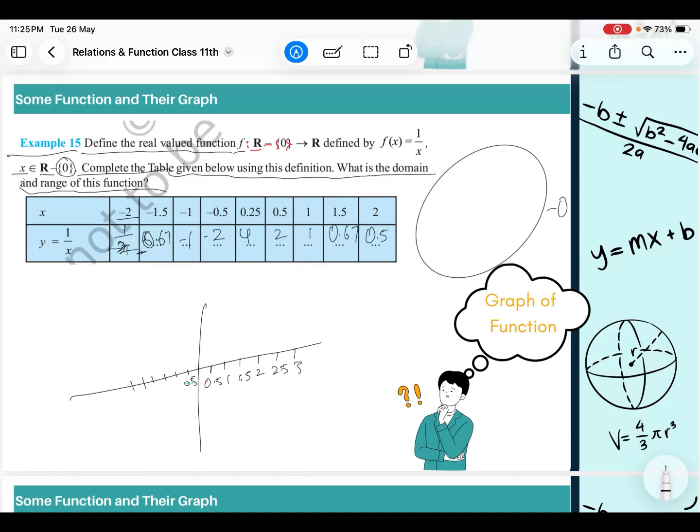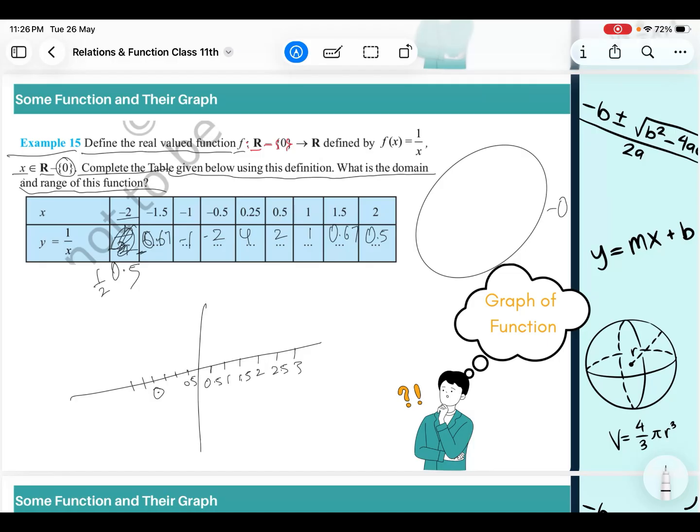So we have minus 2, 1 and 2, 0.5, 1, then 2. Then in y we have 1 by 2, that is 0.5. So this is 0.5 in minus. So in x-axis minus 2, and this is minus 0.5, so the point will be here.